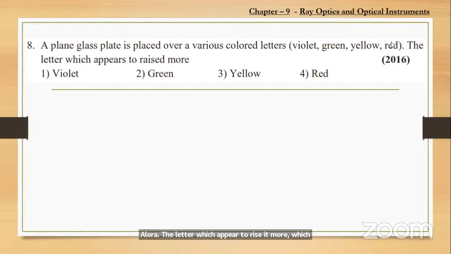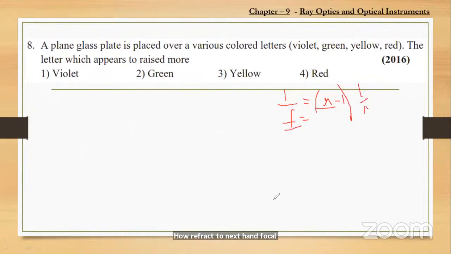You know the concept of how focal length depends on refractive index. When you consider the lens maker's formula, 1 by f is (mu minus 1) into (1 by r1 minus 1 by r2). Refractive index and focal length are inversely proportional.